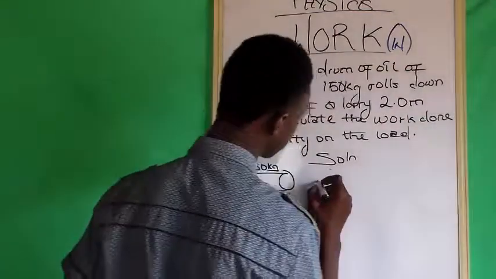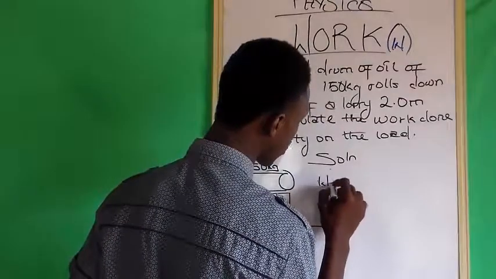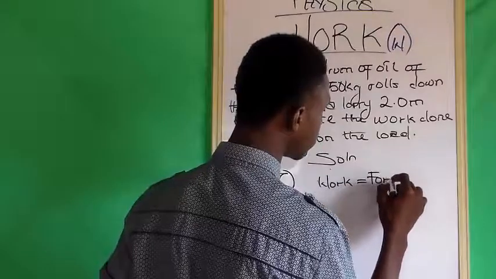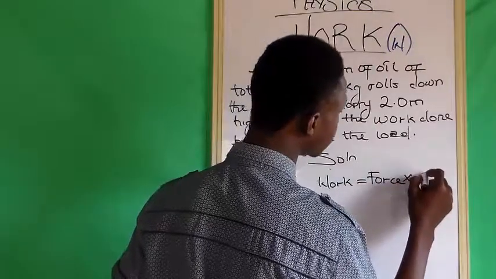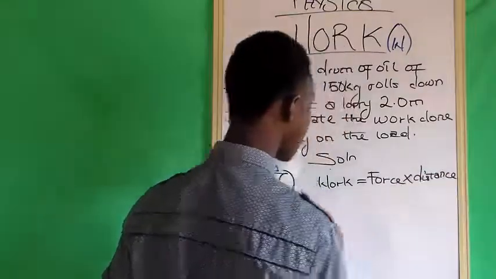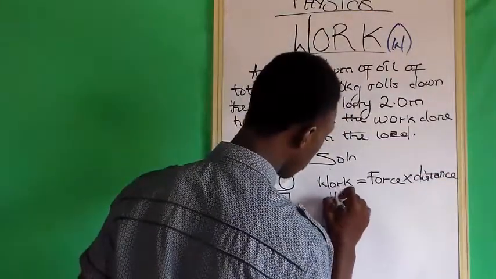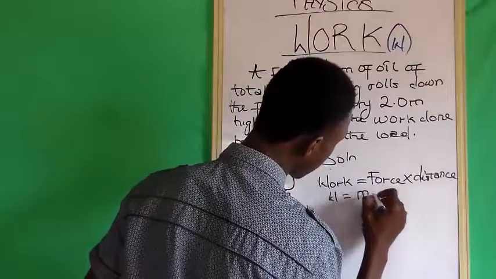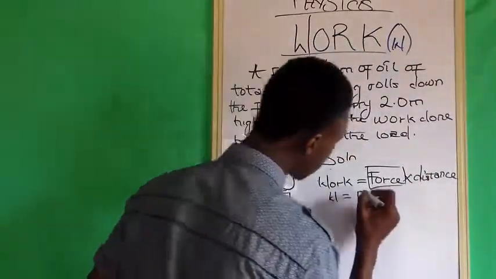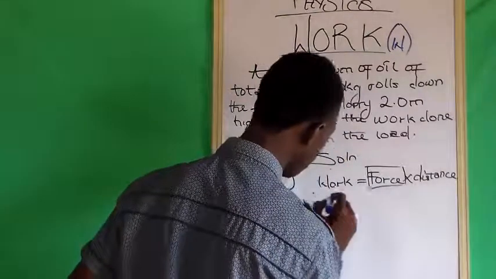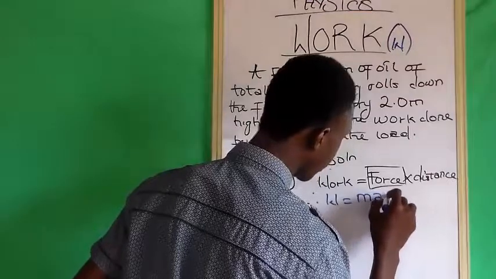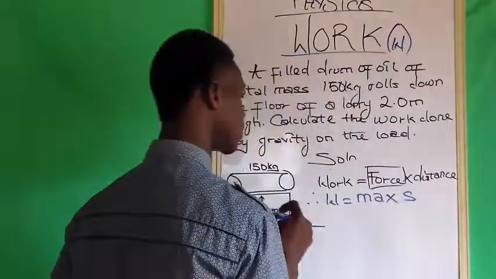Remember, work is equal to force multiplied by the distance. Since force was equal to mass times acceleration, we say work is equal to ma multiplied by distance.